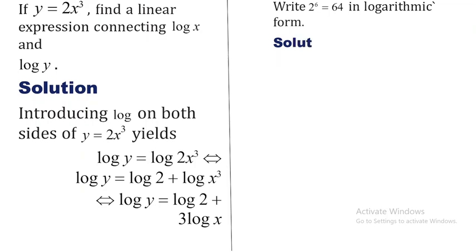Let's write this expression in logarithmic form, where I get 2 power 6 equal to 64, and this 64 is equal to 2 power 6, where we get log of 64 in base 2 equal to 6. So I think this expression is now written in logarithmic form.